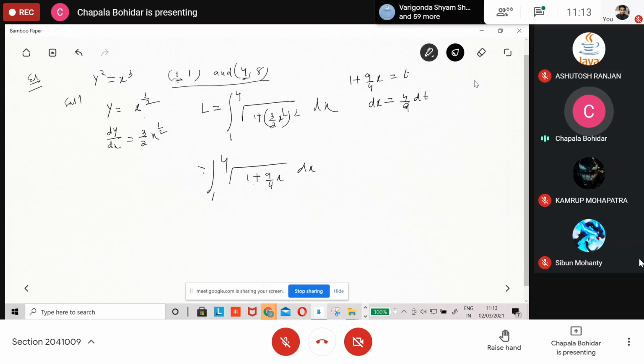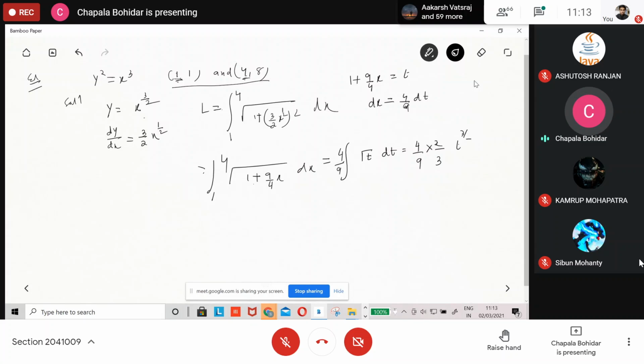So I am writing it as integration of 4 by 9 root over t dt. That is equal to 4 by 9 into 2 by 3, then t to the power 3 by 2.